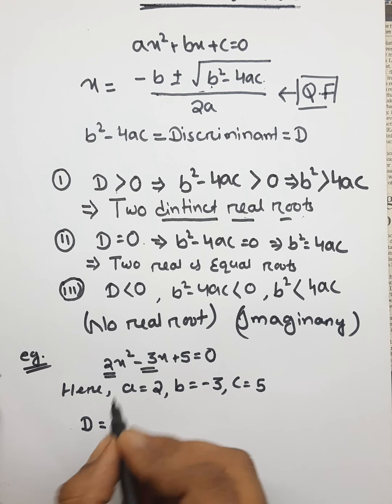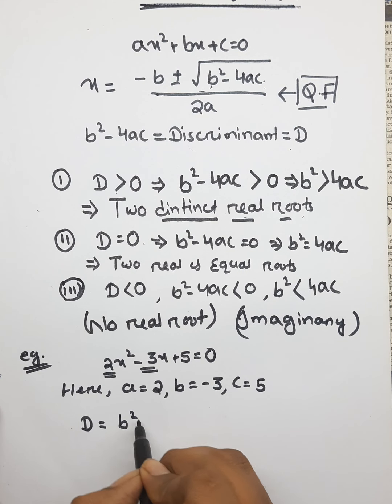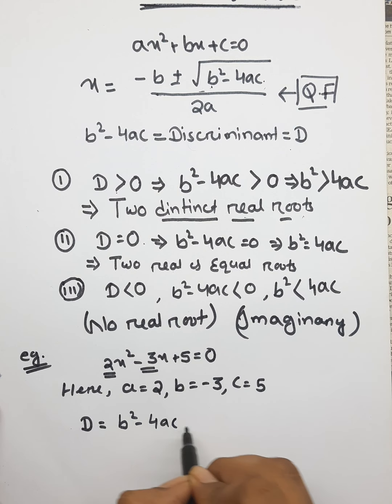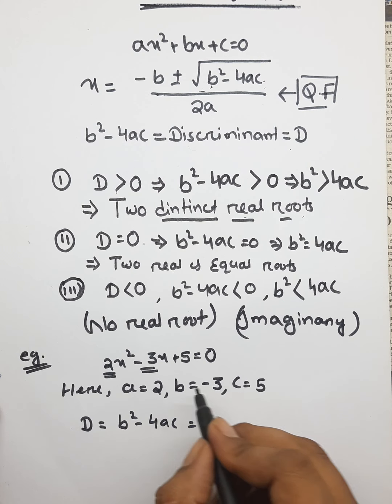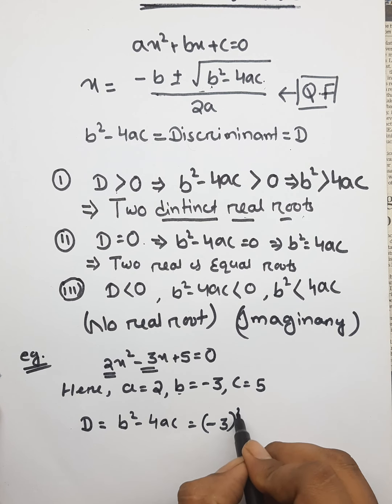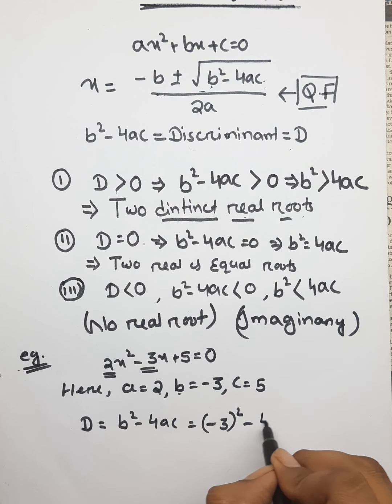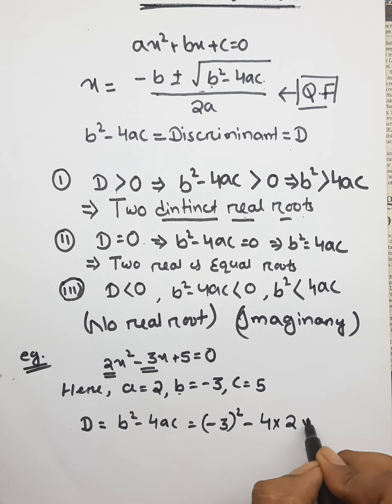We know D is b² - 4ac. In b² we put the value of b, that is -3, so (-3)² - 4 × 2 × 5.